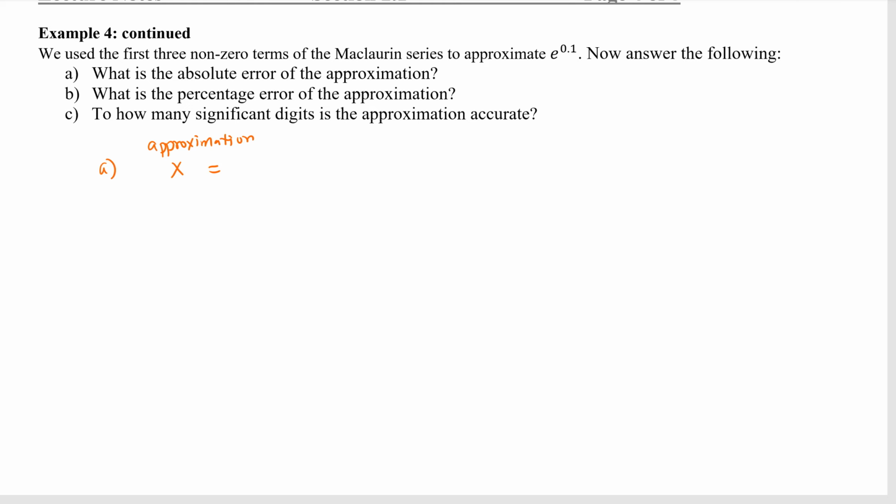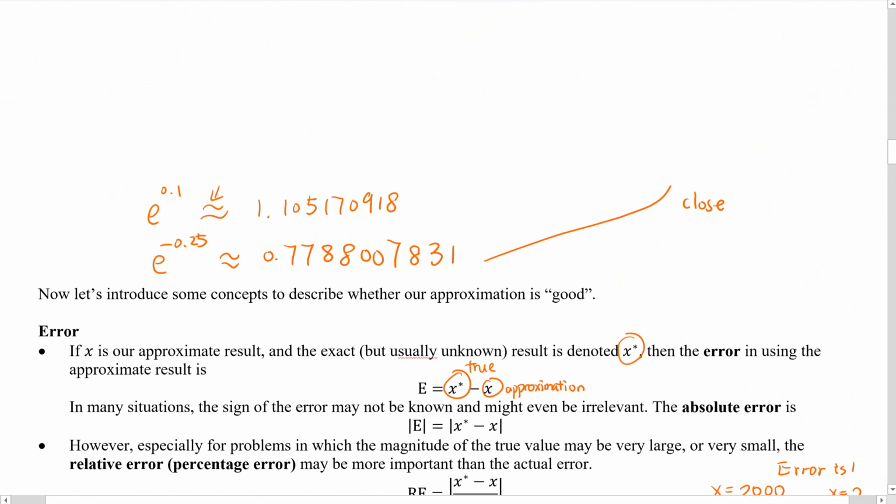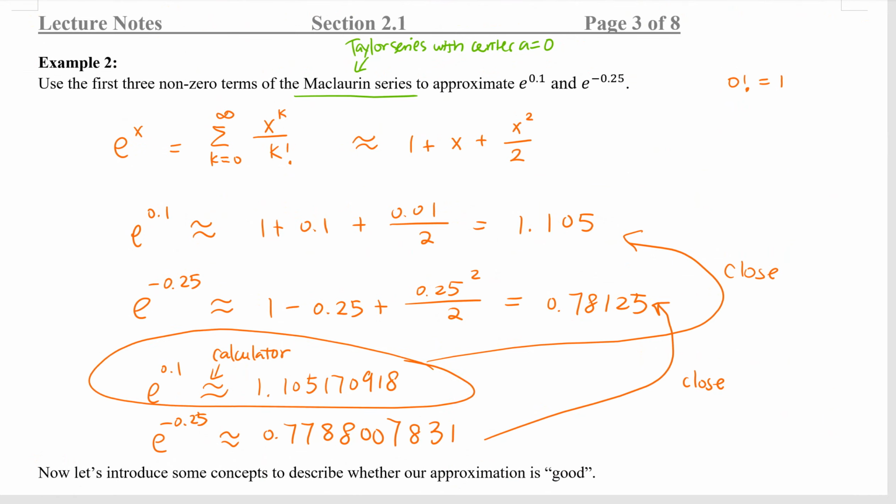We use x to denote the approximation. That is 1.105, right? And the true value is 1.10517.